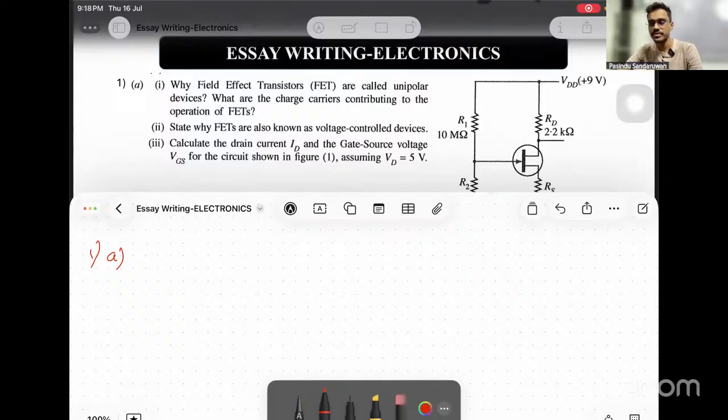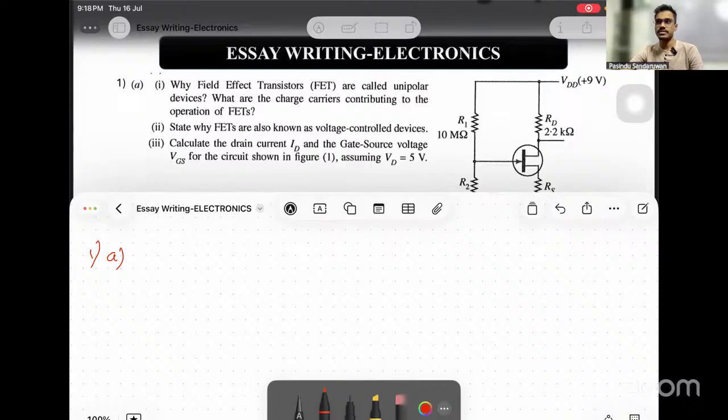In electronics, we have two types of carriers, either electrons or holes. When it comes to bipolar transistors, NPN and PNP, they have majority carriers and minority carriers, which means both carriers are contributing to the operation of the transistor.